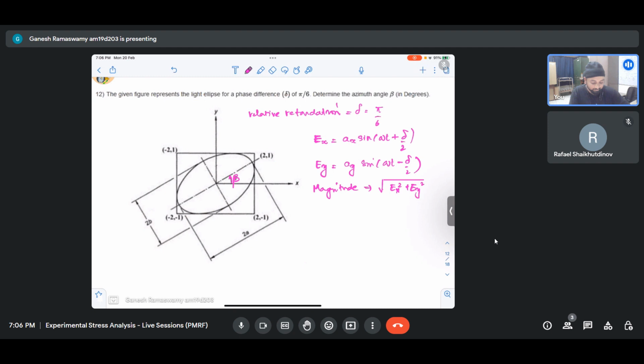If I were to simplify this, I will be getting a generic expression for an ellipse. I will have to refer back, but this can be derived trivially. It's not that big a deal.